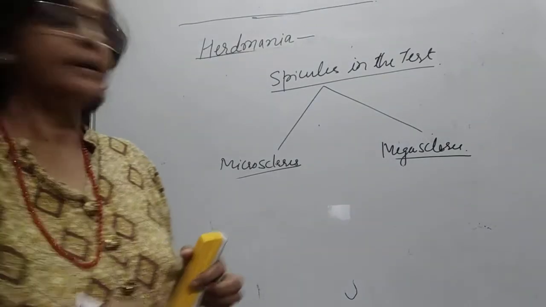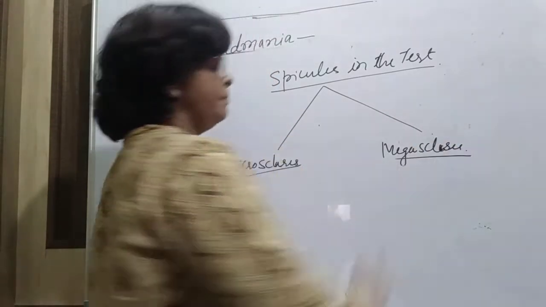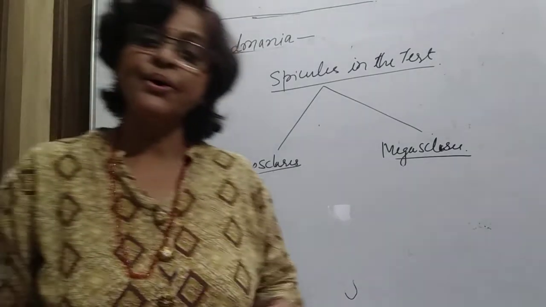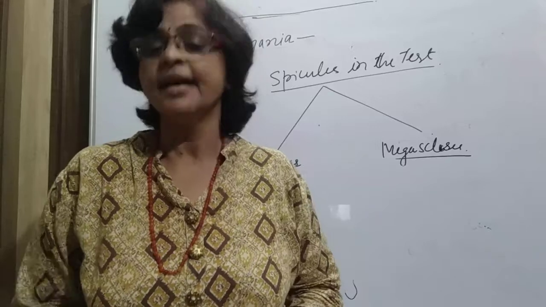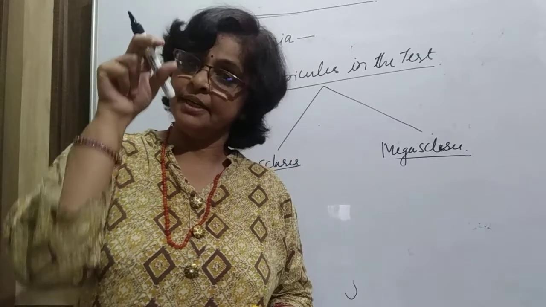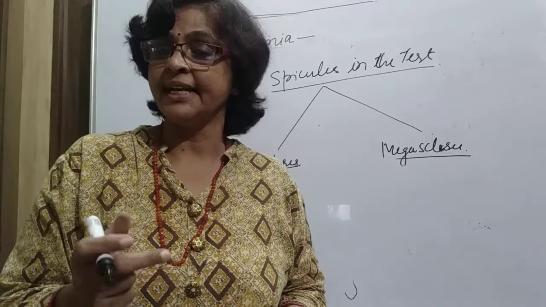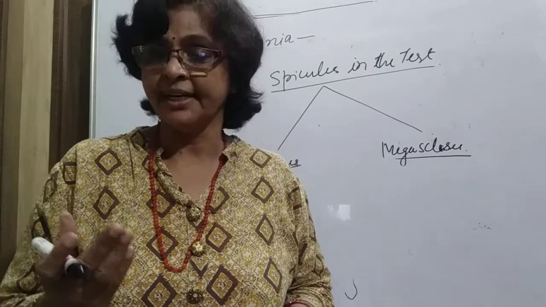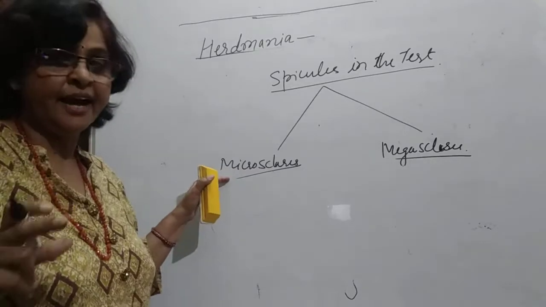Micro, as the name indicates, means small, mega means large. So the spicules which are very small in size are known as the microscleres, and the large ones are known as the megascleres. So microscleres, what type of shape do they have?